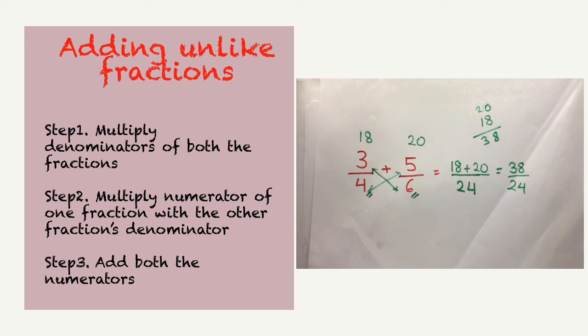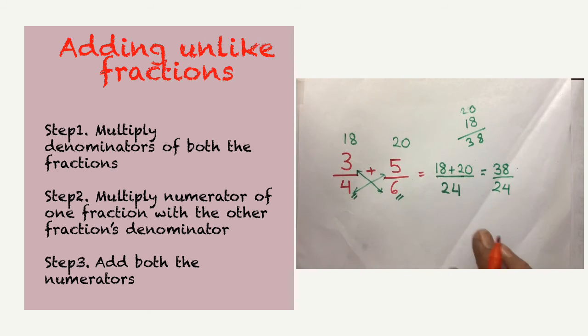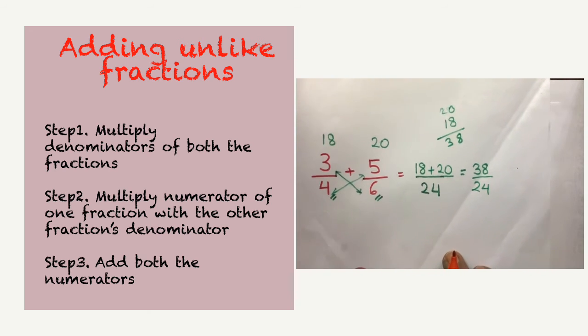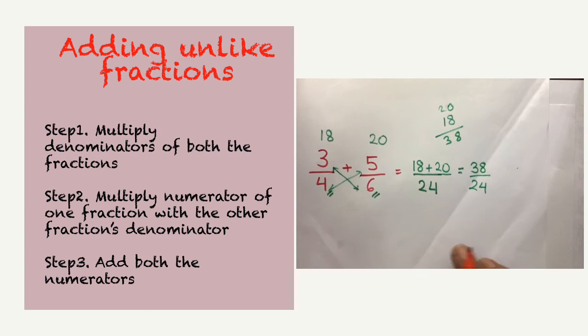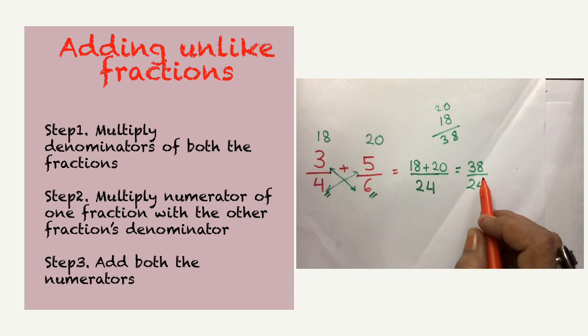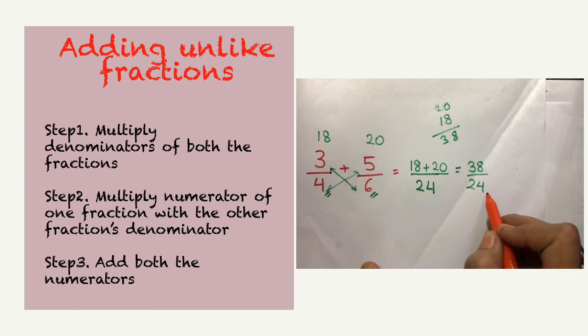So we have to remember one thing: when we find solutions like this, sometimes we have to simplify our answers. You know that every time we have to simplify the fractions to the lowest form. So sometimes it is needed. Here I can see that it is divisible by 2, both in the numerator and denominator.